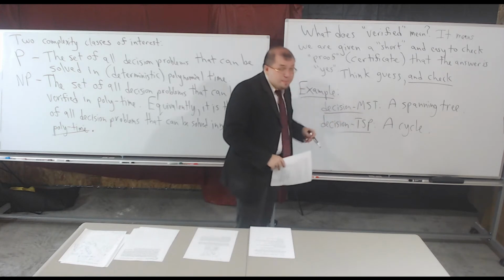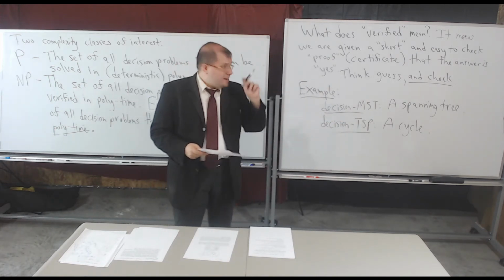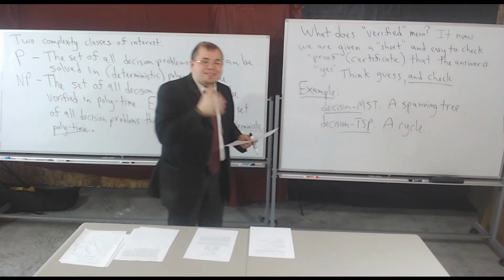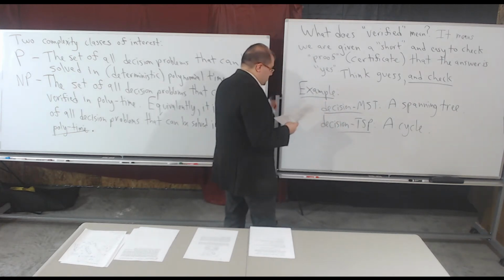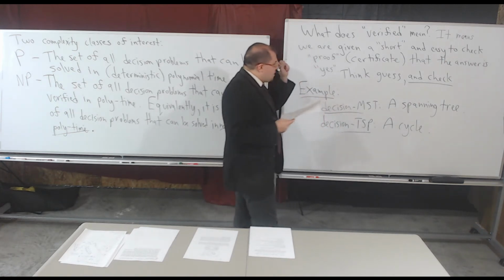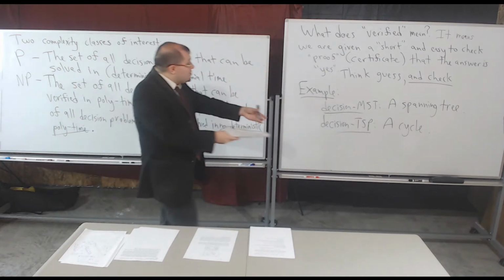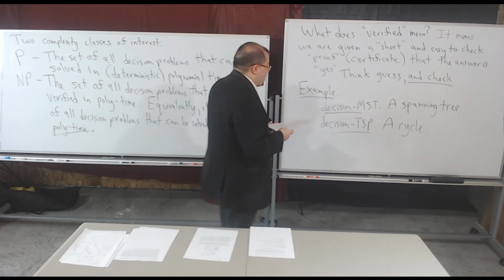For decision TSP, your friend writes down a cycle, and your job is to check if they've in fact given you a TSP tour such that the total cost is at most k. So you want to think about it as, I'm looking to verify that it's a yes answer. Somebody gives me something and I want to check it against the input just to see if they're right.